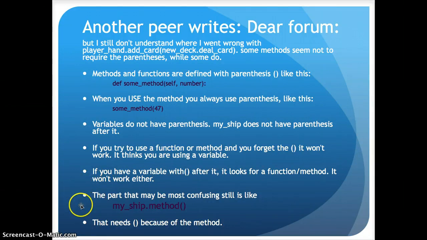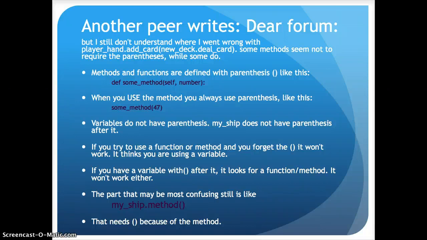And the part that's most confusing is, of course, dot notation, where we have my ship dot method. This needs parentheses because it's a call to a method, but the variable name is in the beginning, so it's a variable name and a method. It might sort of seem like it's breaking the rules because if you look at the my ship part, it's a variable, and if you look at the method part, it's a function. But overall, it's a call to a function.